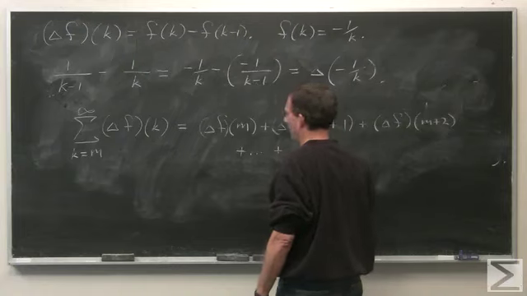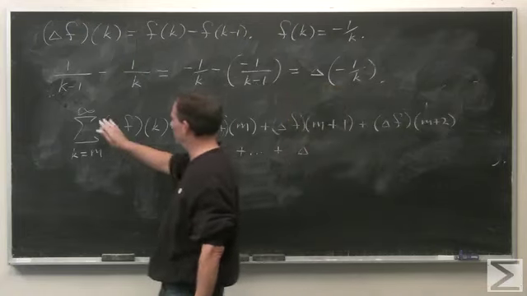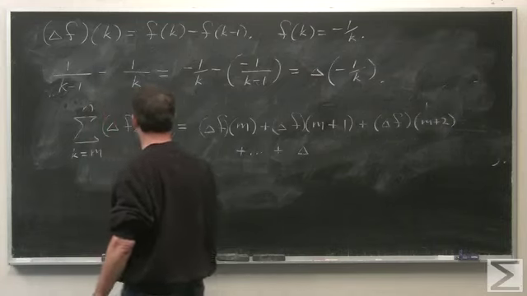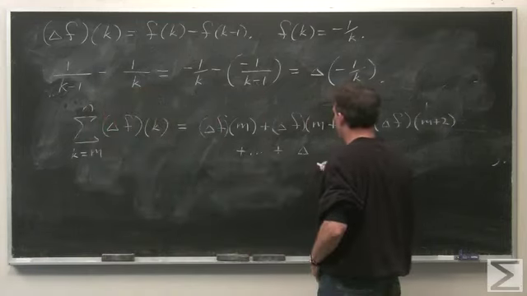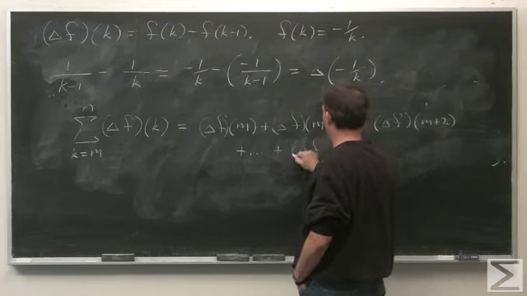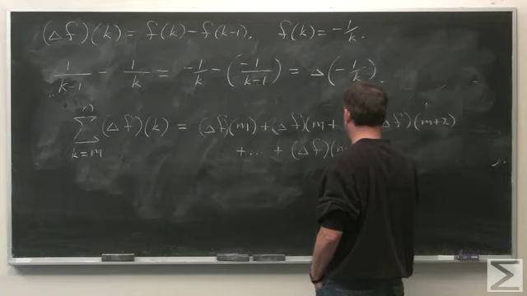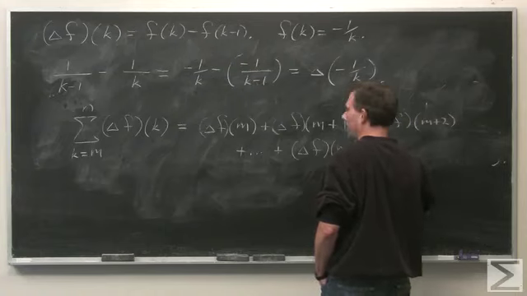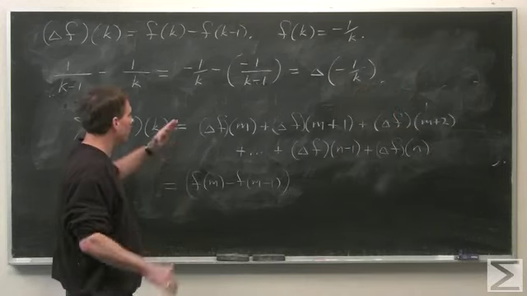Let me do the partial sums. Let's go out to the nth term. You get delta f sub n minus 1, and then plus delta f sub n.